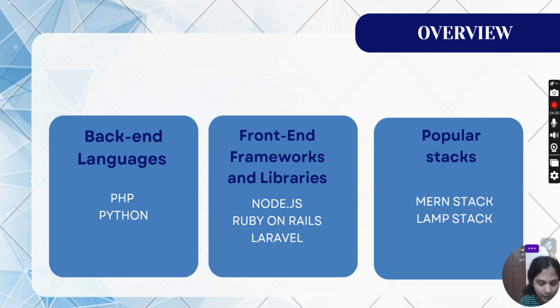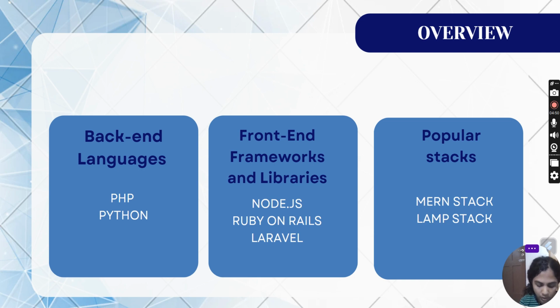Let's look into backend languages, which include PHP and Python. PHP is a good choice for small projects that require simple functionality, and Java is a good choice for larger projects that require more complex functionality.